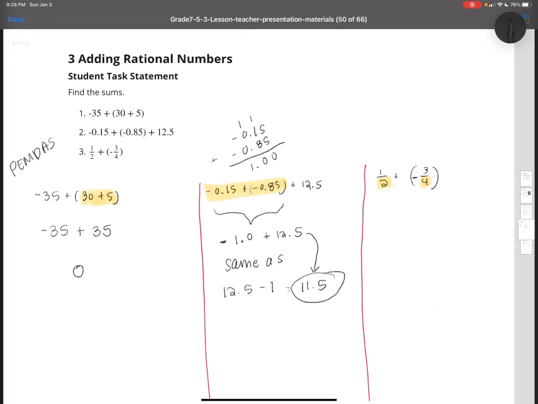I can multiply 1/2 times 2 to get the denominator to 4, which would be 2/4. Now, 2/4 is equivalent to 1/2, because if I simplify it, it would equal 1/2. So this is 2/4 plus negative 3/4.